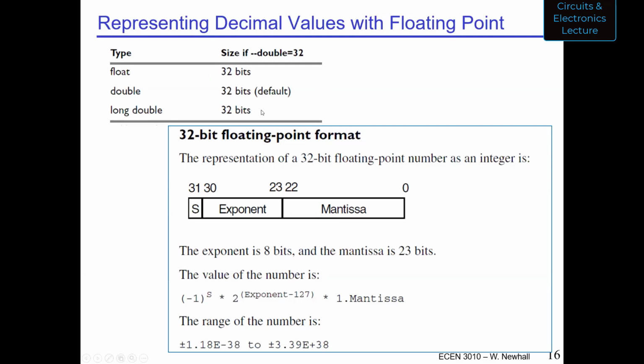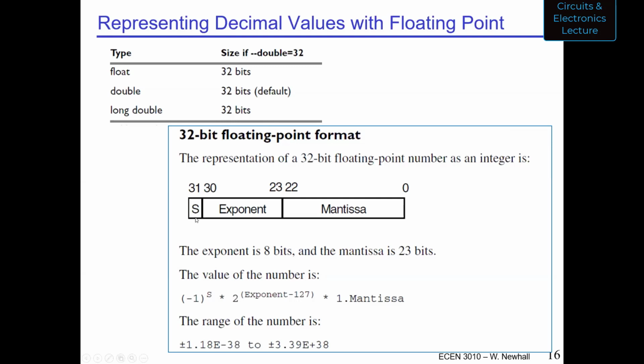So in this case, this was for this one compiler where I grabbed this information. The floating point and the double precision and the long double precision are all 32 bits. So it's a 32-bit word to represent these values. And this is how floating point works.